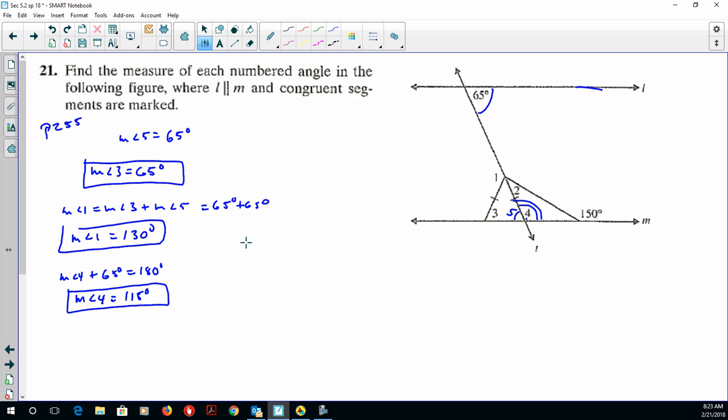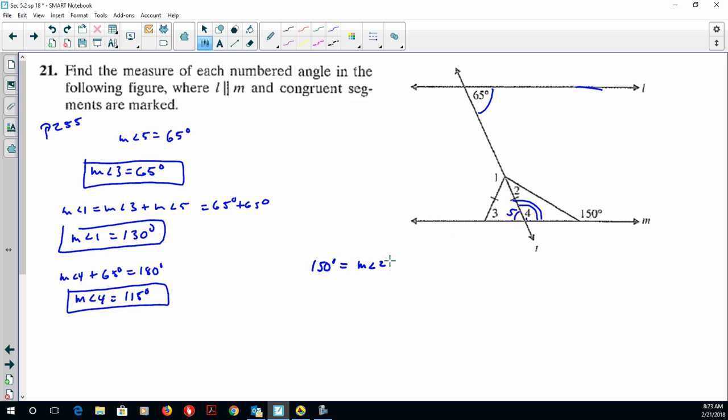And finally, we've got a little triangle here, which has angle 4 and angle 2 in it, and a 150 degree angle as the exterior. And we know that 150 degrees is the measure of angle 2 plus the measure of angle 4.